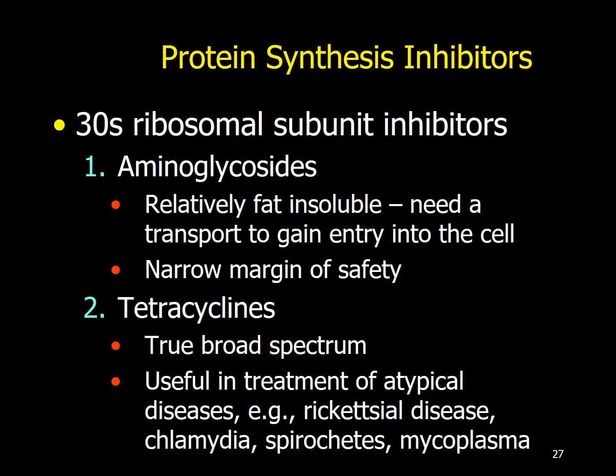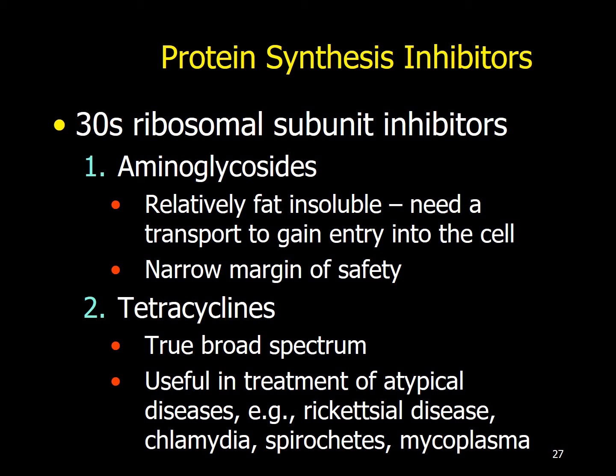Tetracyclines also bind the 30S ribosomal subunit. These also are not particularly awesome at getting through a cell wall on their own. I mean, they can; they have some entry, unlike aminoglycosides. But you see tetracyclines most often used not for traditional bacteria with cell walls, but more for the atypical organisms like rickettsial disease.